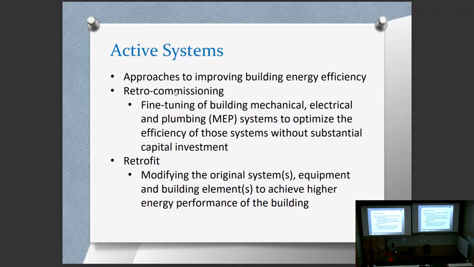But over time, after some years, the building systems may become less efficient, maybe due to system aging, outdated technology, or improper settings. So retro commissioning will help identify these inefficiencies and optimize the system performance. So this is retro commissioning.